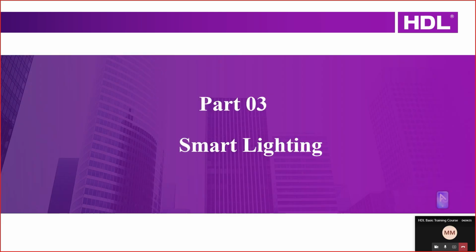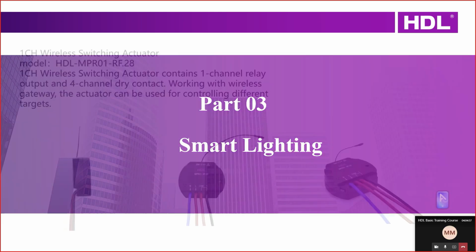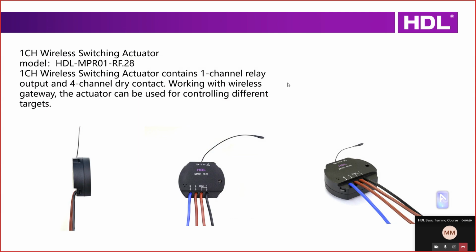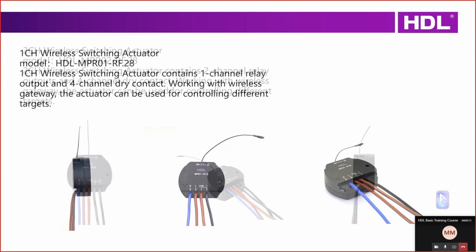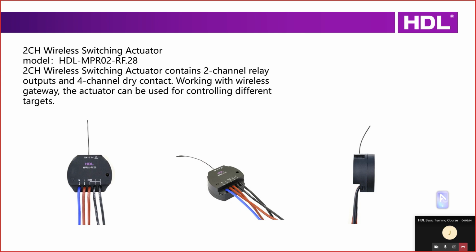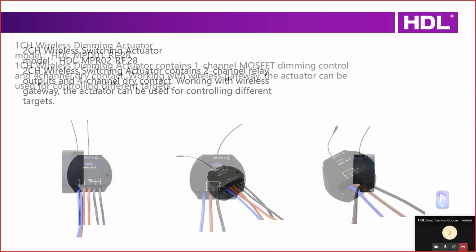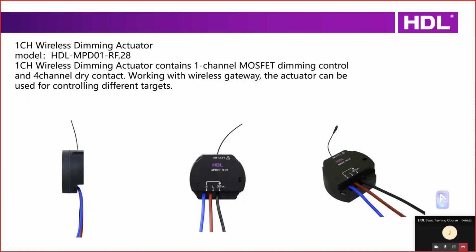Now let's move on to our smart lighting. And this is the 1-channel wireless switching actuator. So this is the 1-channel relay. And this is the 2-channel relay. This is the 1-channel dimmer.